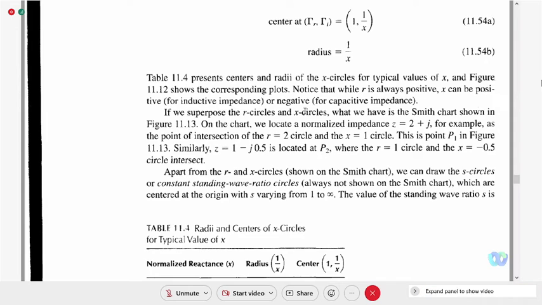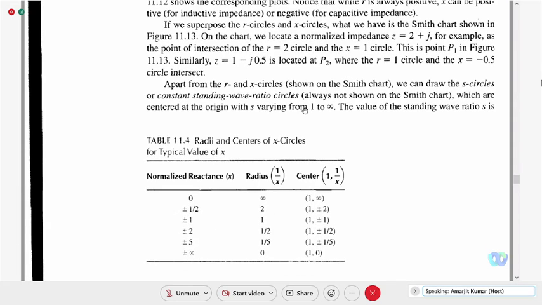So if we take different values of normalized reactance x: 0, plus minus 1 half, plus minus 1, plus minus 2, because this is reactance, not resistance, so it could be capacitive or inductive reactance, plus minus 5, up to plus minus infinity. What will be the radius and center?